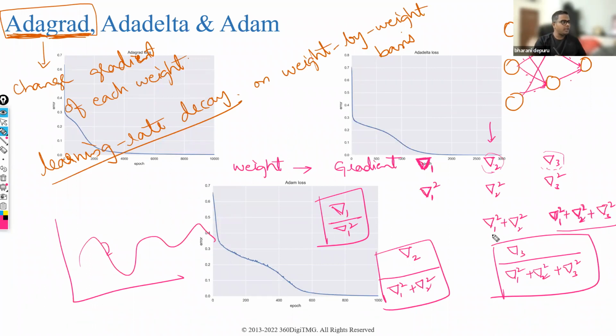Since these values become larger and larger, if you divide your gradients by those larger values, your weight updations become smaller and smaller over a period of time. As time goes, the changes to the weights become very small.